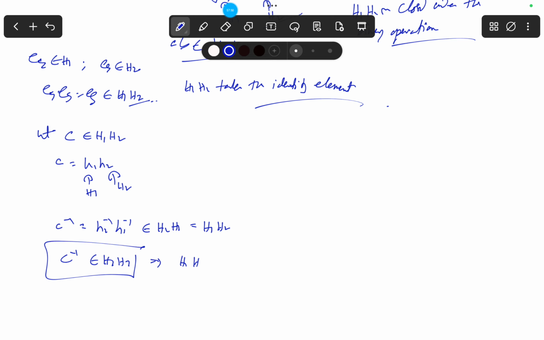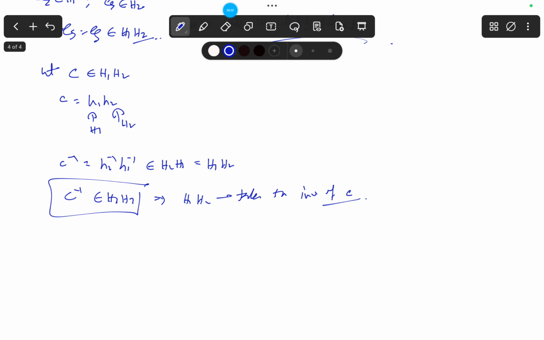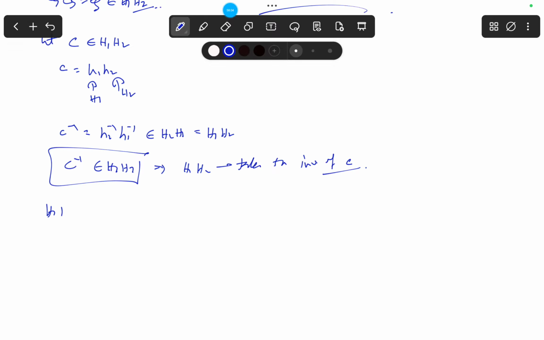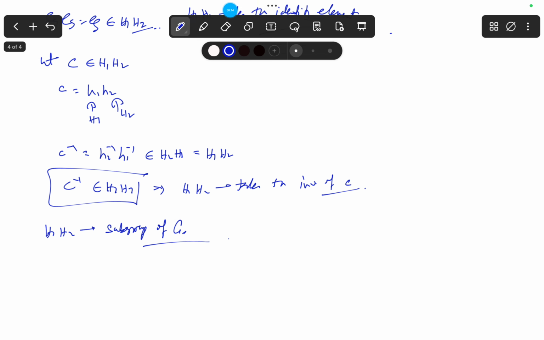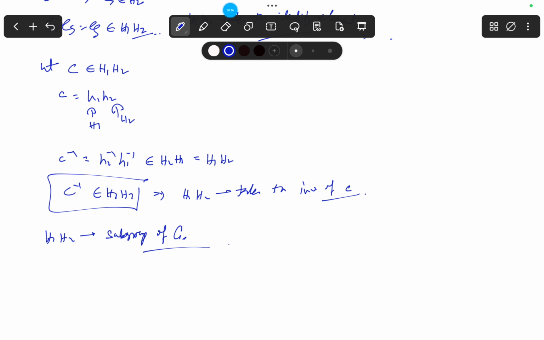So which means that H1 H2 takes the inverse of C. Alright, that means your H1 H2 is a subgroup of G. Okay, so the first part of the proof is done.